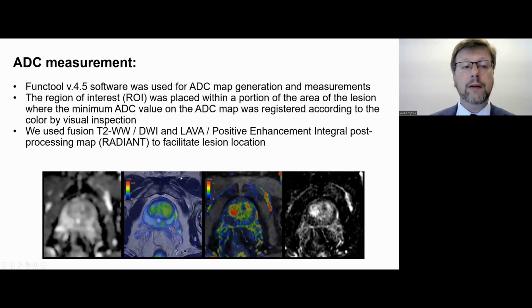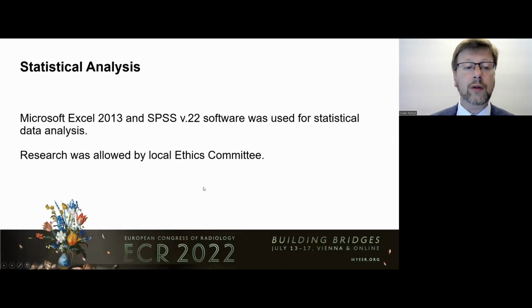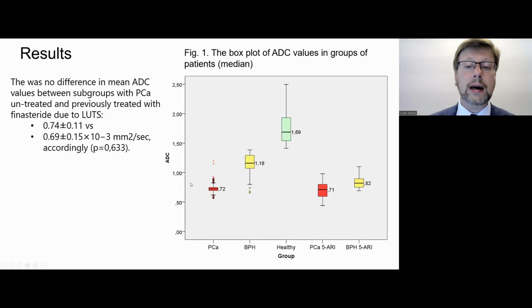Also, we used software for the ADC map generation and all measurements. For facilitation of lesion location, as shown on this slide, we used fusion between the T2-weighted images and DWI, and also between the LAVA and positive enhancement integral post-processing. Microsoft Excel and SPSS software were used for the statistical analysis.